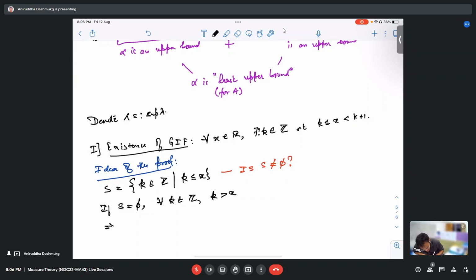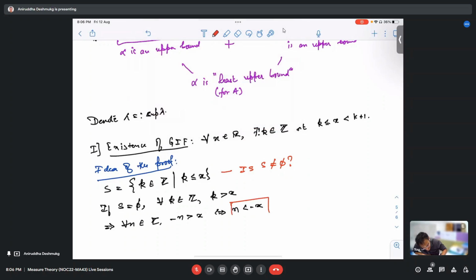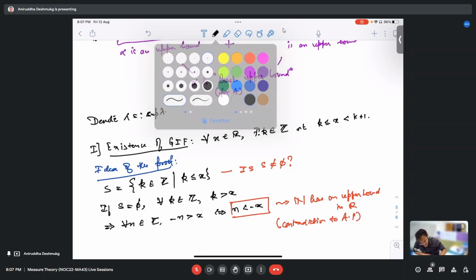But that means for every n in Z, minus n is bigger than x, which is the same as saying n is less than minus x. But this means Z has an upper bound. That is again a contradiction to the Archimedean property. Okay. So therefore S is non-empty.